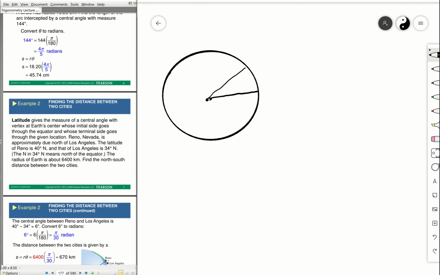And so if we just label this as Los Angeles, and that's 34 degrees north of the equator, and Reno is at 40 degrees north of the equator, so not much more, but slightly more. So that is Reno. And notice this angle here that makes with the equator is 40 degrees.